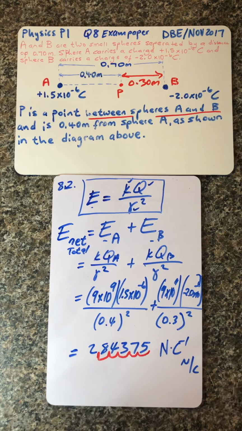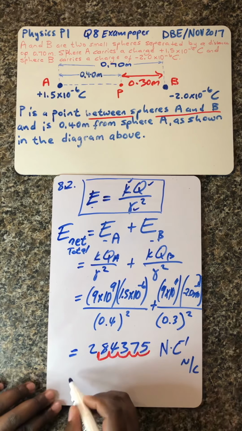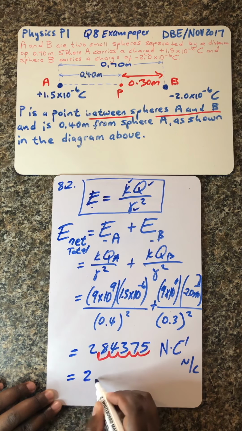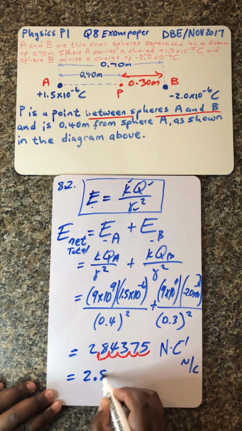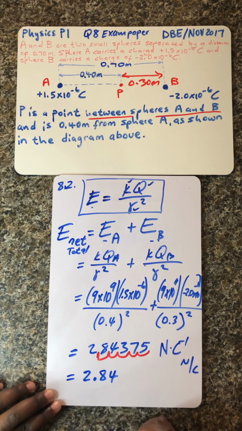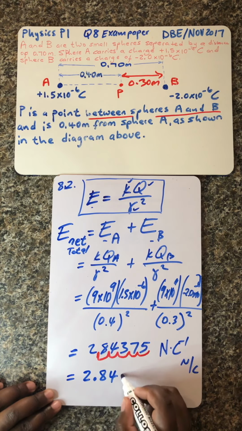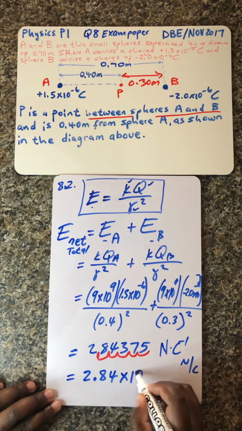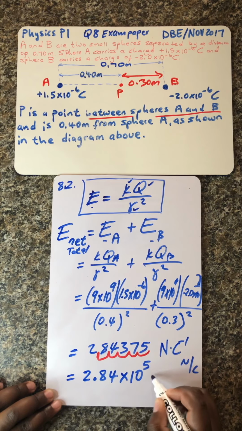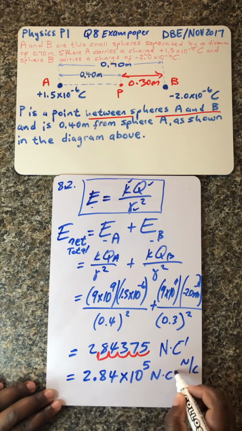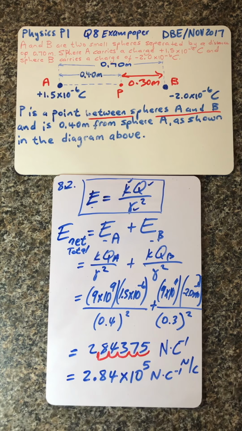Okay, so that means this is the same as 2,84 if I round it to 2 decimal places by 10 to the exponent 5 Newton per Coulomb. Okay, so this is how you convert a number and write it in scientific notation, and at the same time you round it to 2 decimal places.